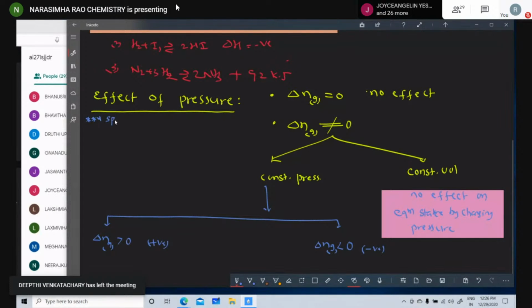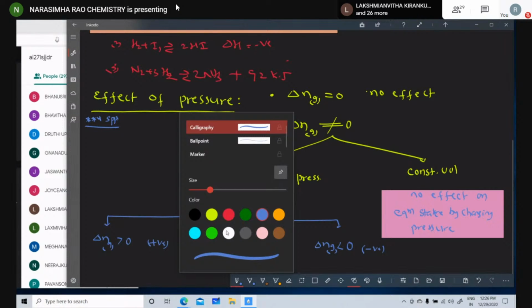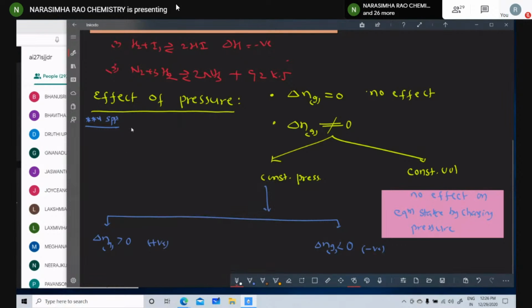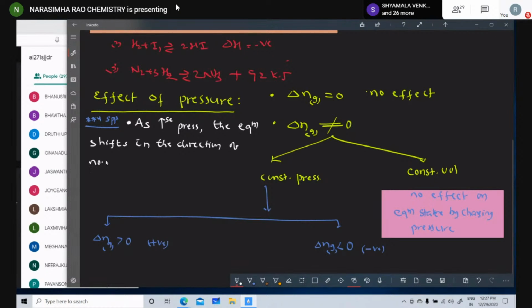My special point is simple. As we increase the pressure, the equilibrium shifts in the direction of the number of moles or volumes decreasing, and vice versa.